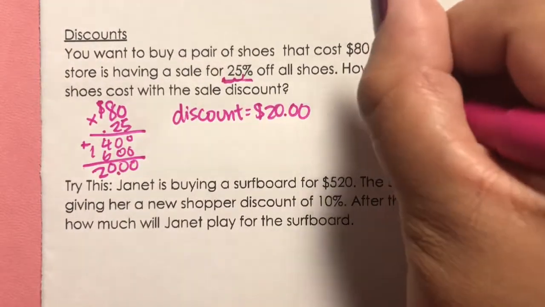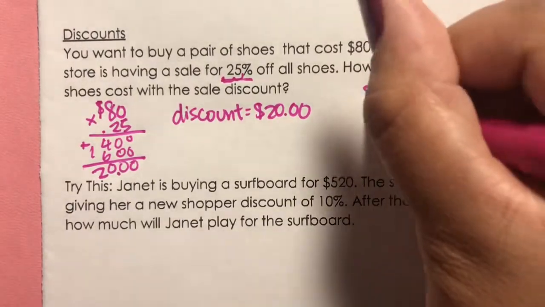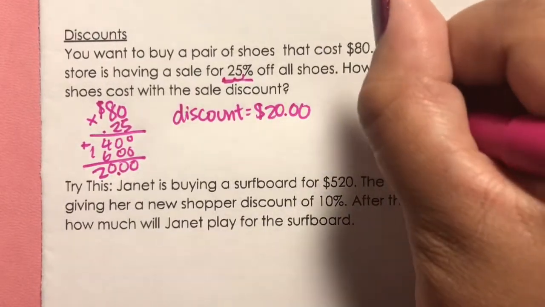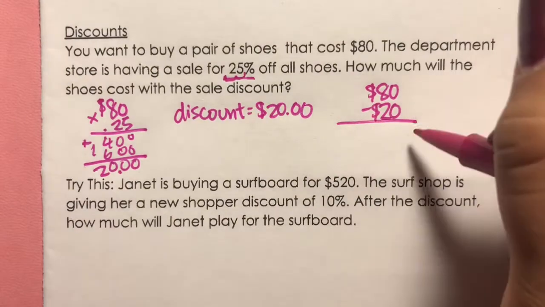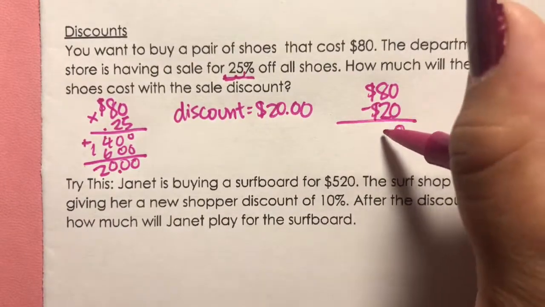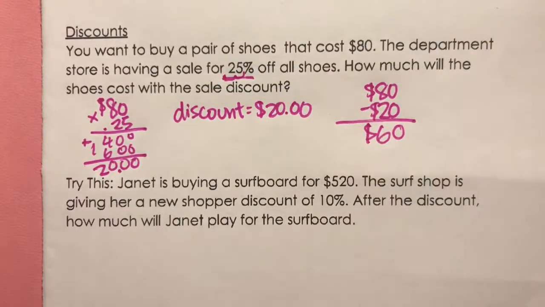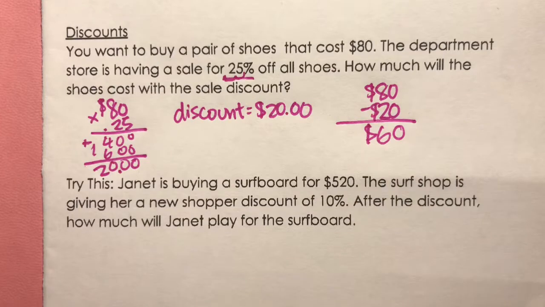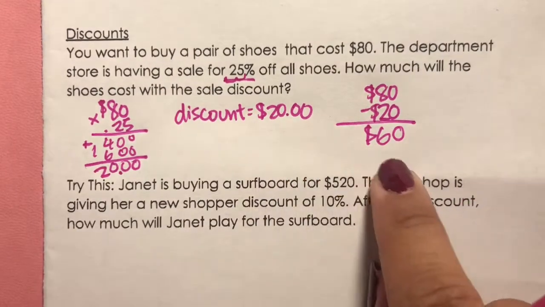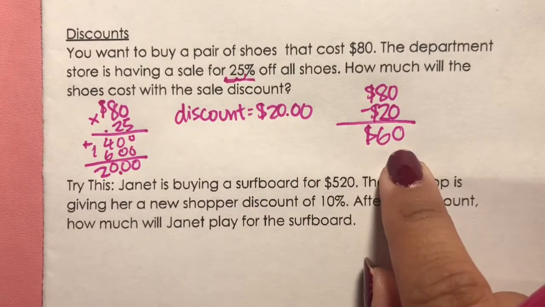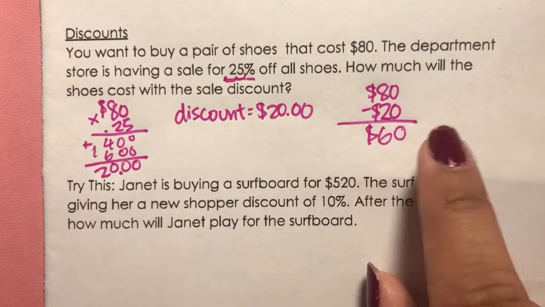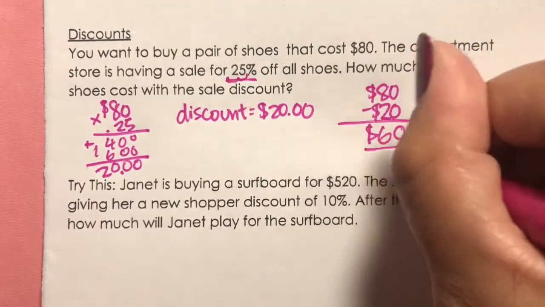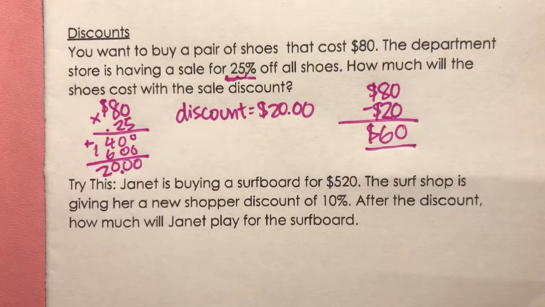So our original price was $80, and then we're going to be subtracting $20. So 0 minus 0 is 0, 8 minus 2 is 6. Most of you probably were able to do that in your head, but I just wanted to show it to you. So you'll be saving $20, and the shoes will cost $60 after the discount. So this is our answer, $60 after the discount.